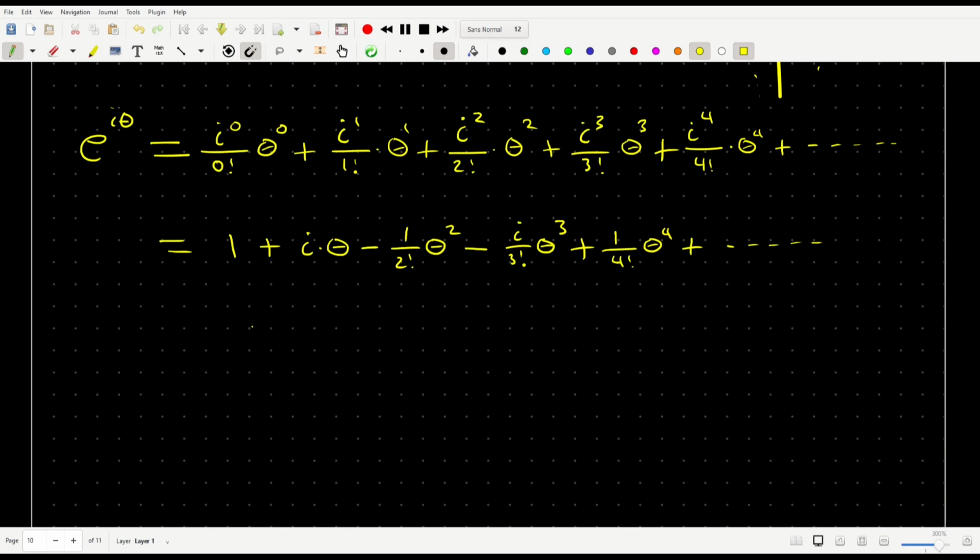Because this series is absolutely convergent, we can rearrange terms. I'm going to pull all of the real values together: 1 minus theta squared over 2 factorial plus theta to the fourth over 4 factorial, and so on and so forth. So all the even values of the exponent I'm going to pull together and add them.